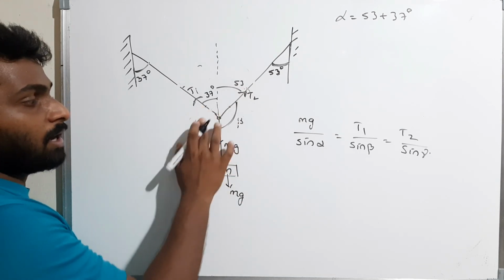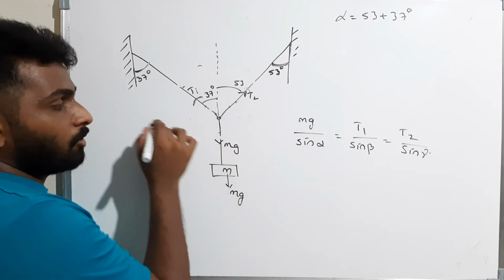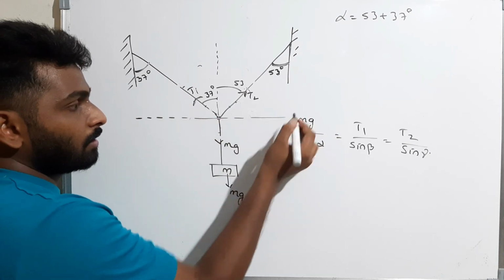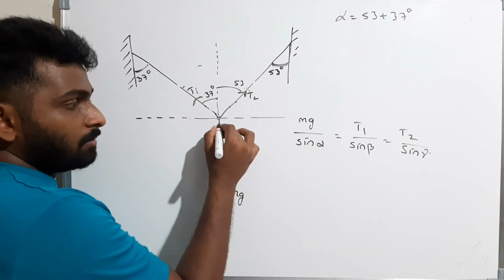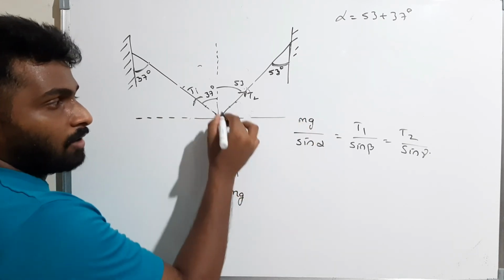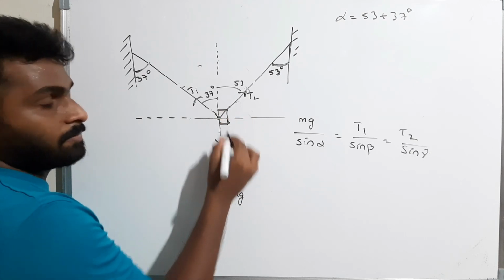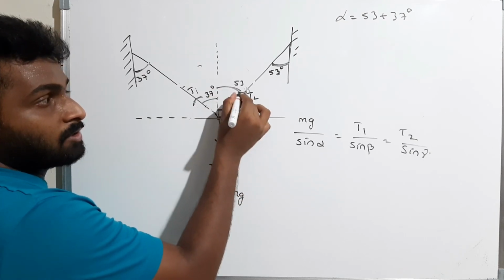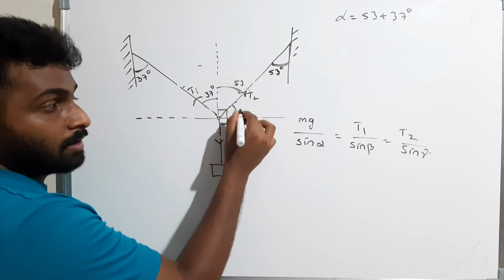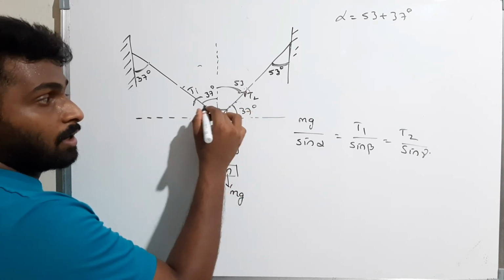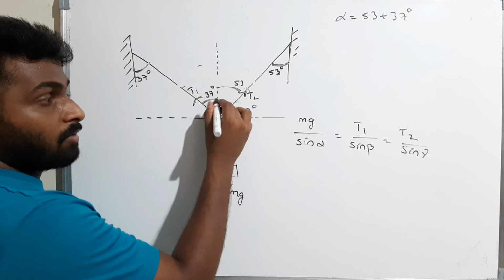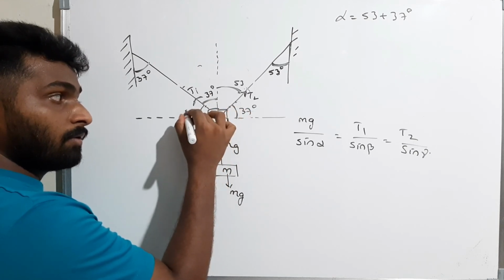Now how can I find beta and gamma? Here I am drawing a horizontal. This angle is 90, and this angle also is 90. Out of 90, 53 is gone. What is the remaining angle? 37. Here out of 90, 37 is gone. What is the remaining angle? This angle is 53.